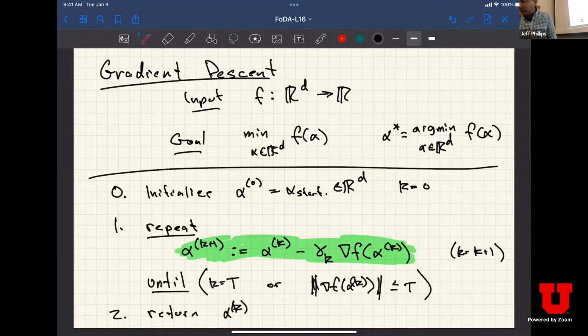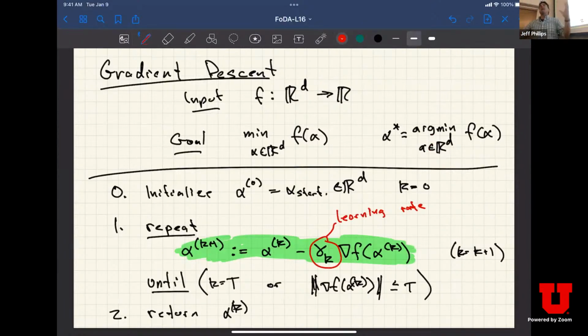Yeah, great. Good question. This is called the learning rate. And in most cases, gamma is usually going to be fixed, just a fixed value. It could be 1. If you don't know anything about it, you might just put a 1 there and just leave it fixed.